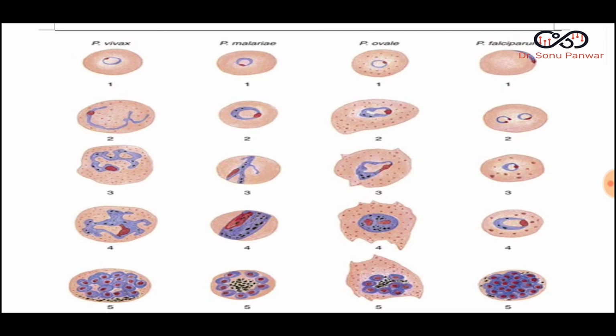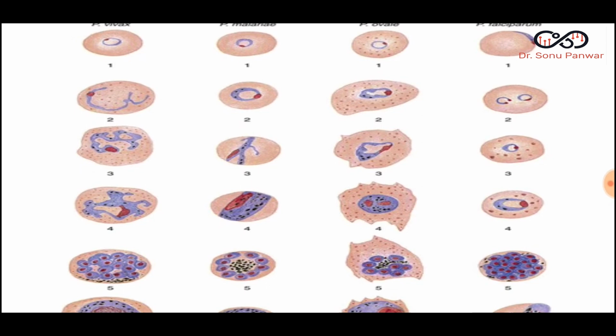The fourth one is the late trophozoite band form along with heavy pigment. This is a frequently asked question regarding malaria, the band forms. And the fifth is a mature schizont with merozoites, as you have seen.